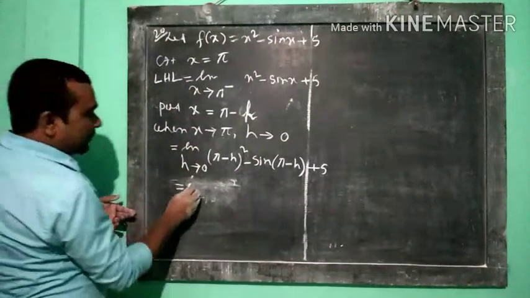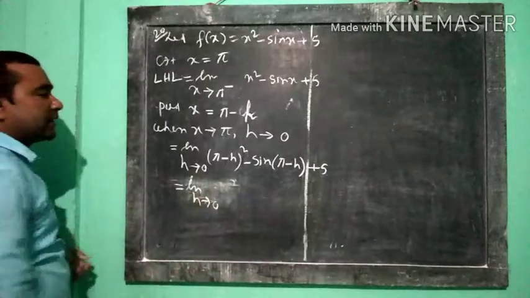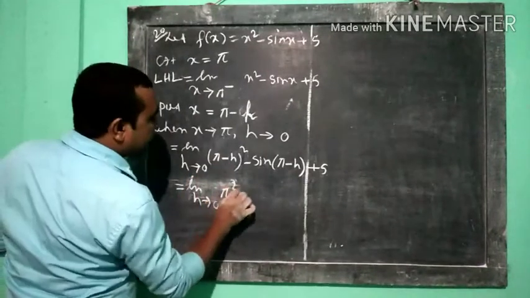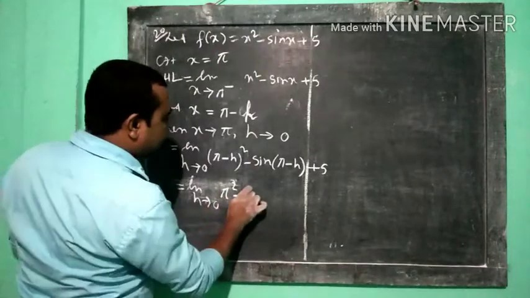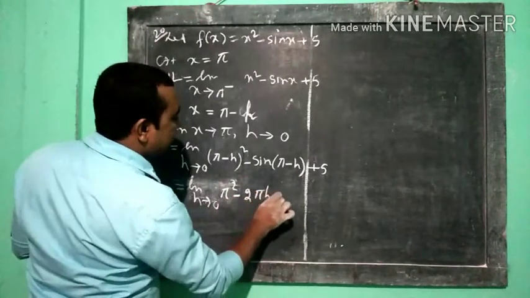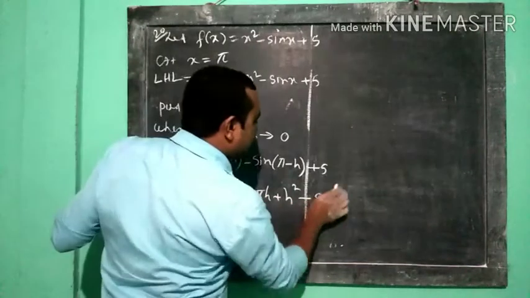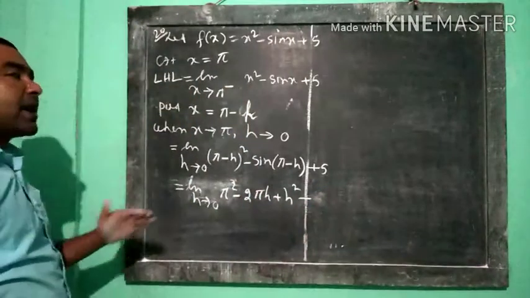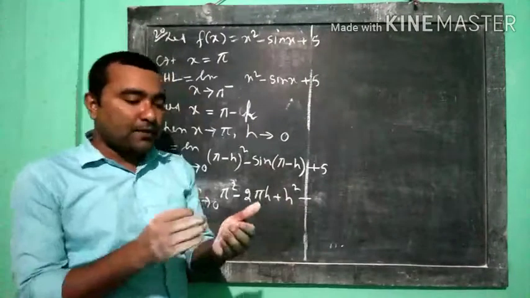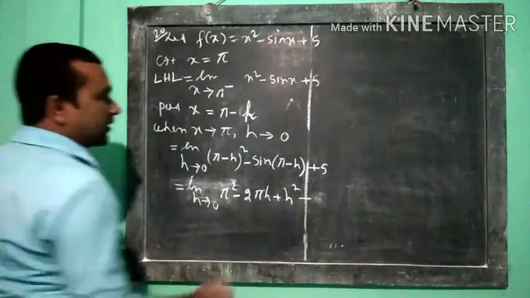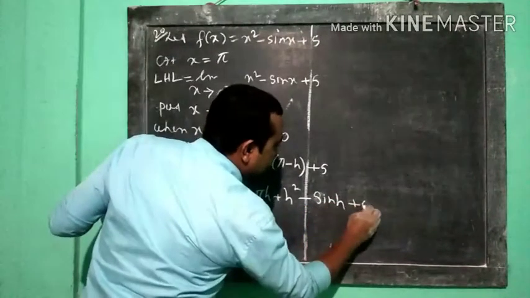So limit h tends to 0. Breaking the formula, (a minus b) whole square gives pi square minus 2 pi h plus h square, minus sin(pi minus h), which is sin h, plus 5.